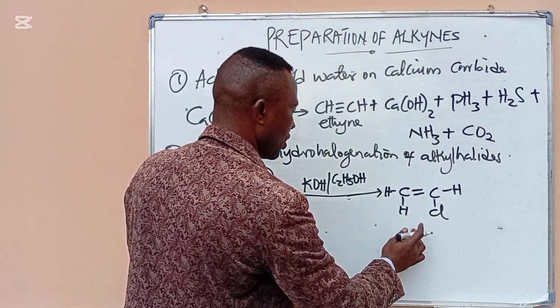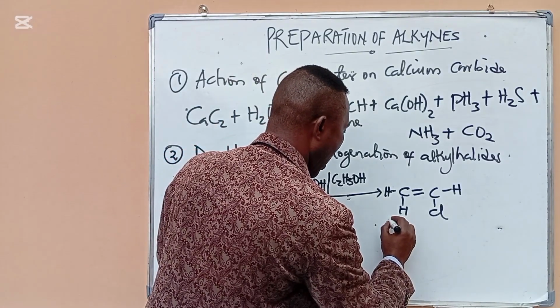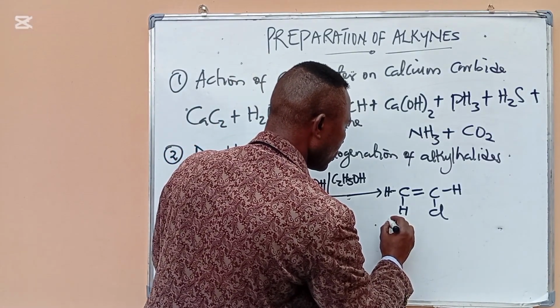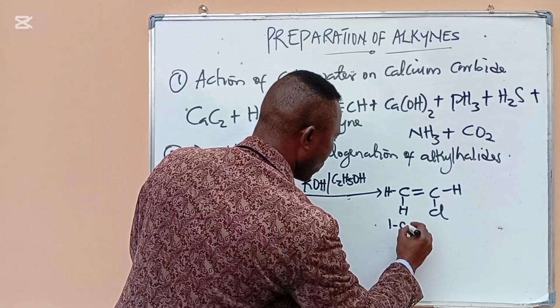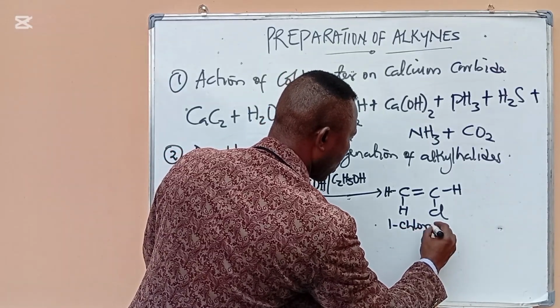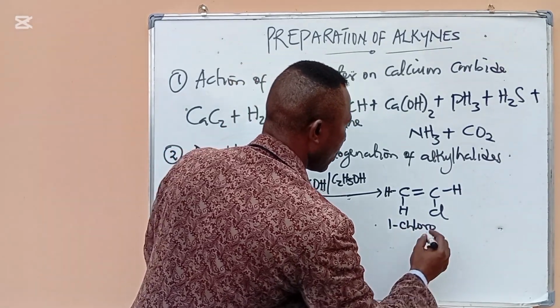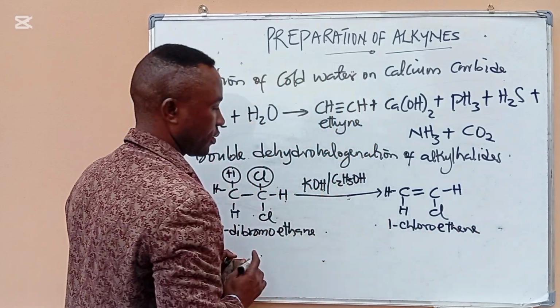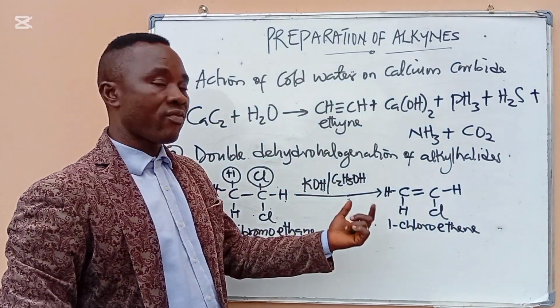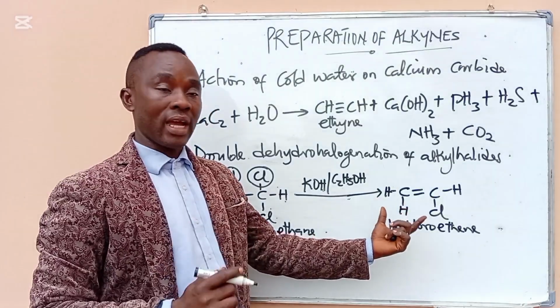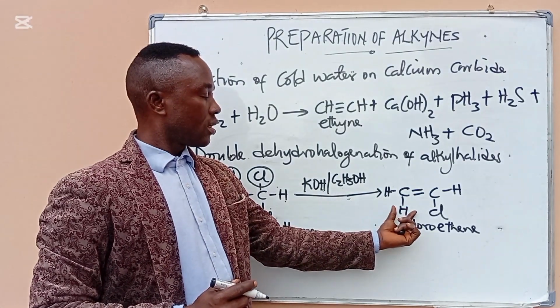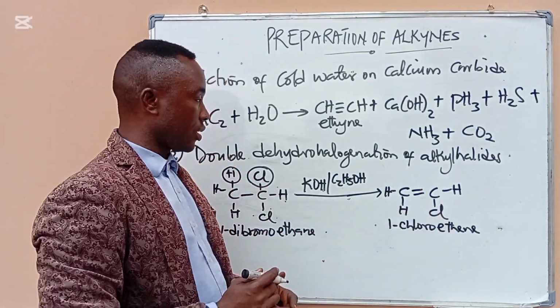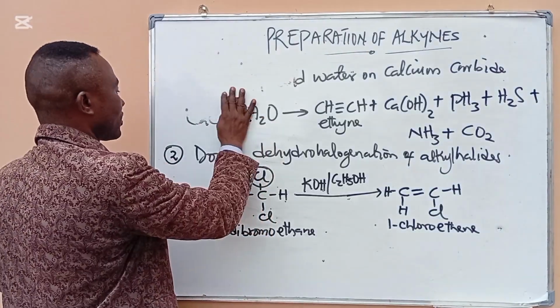So what we have here is 1-chloroethene. Now, it's possible again for us to go further in this reaction to remove hydrogen and another chlorine.